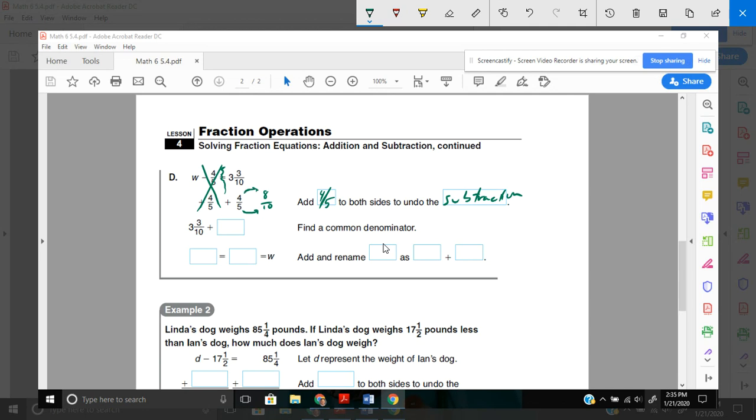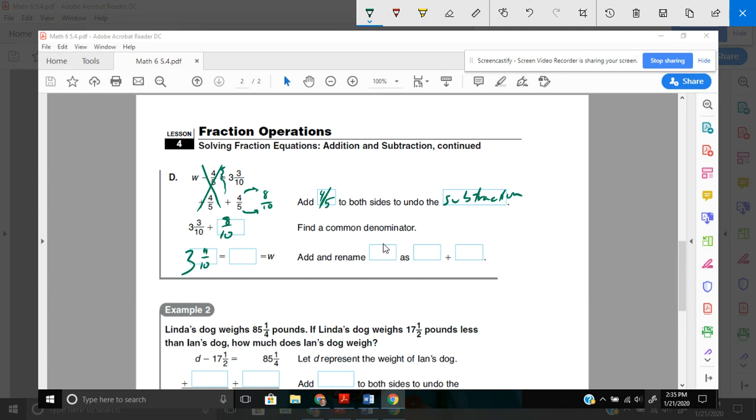So 3 and 3/10 plus 8/10, now that I have my common denominator, would give me 3 plus 8 is 11. Keep my common denominator, and I have 3 wholes. So 3 and 11/10. Notice how my numerator is bigger than my denominator. I want to just rewrite that.